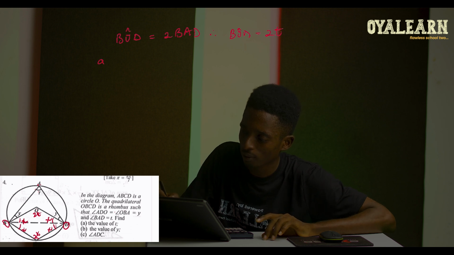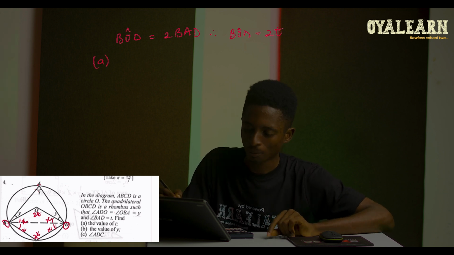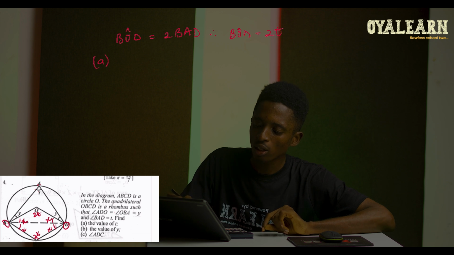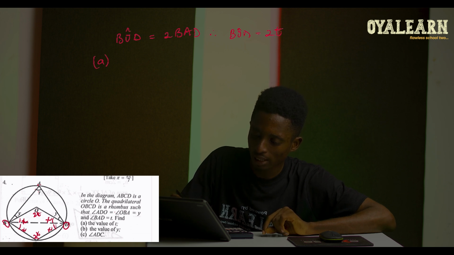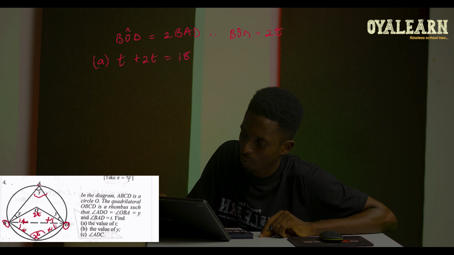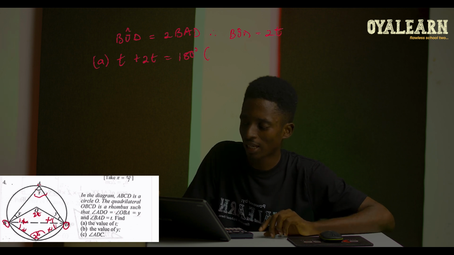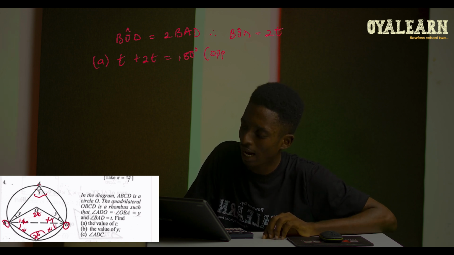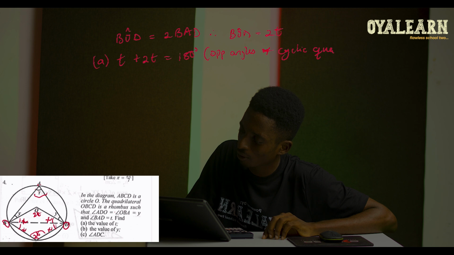To solve for t, I'm going to consider these opposite angles here, this angle t here and this angle here. We know that t plus 2t should be 180. This is because of a theorem that says that opposite angles of a cyclic quadrilateral are supplementary.